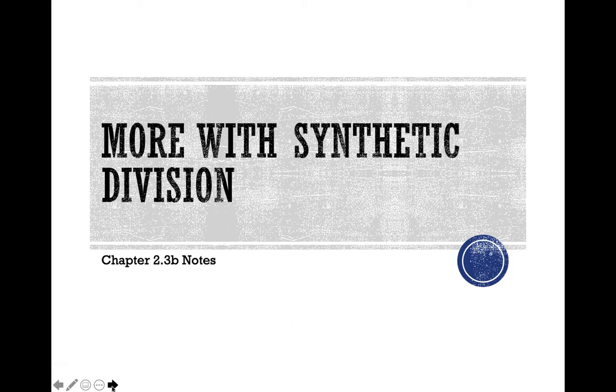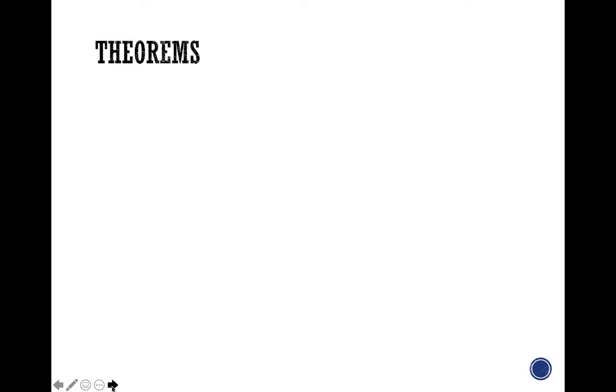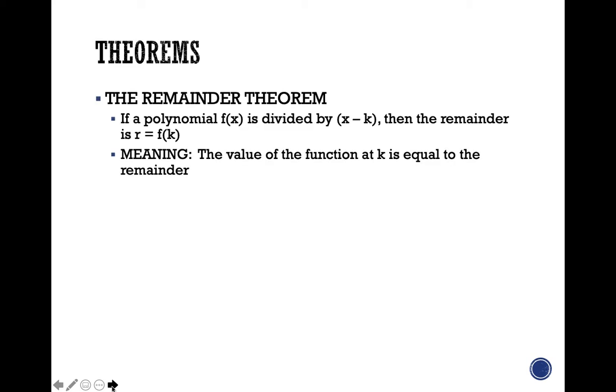We're going to talk about a couple of theorems here. The first theorem that we want to cover is what's known as the remainder theorem. The remainder theorem says if we have a polynomial and we divide it by x minus k, that's the only situation in which we can use synthetic division, then the remainder of that division is equal to f of k.